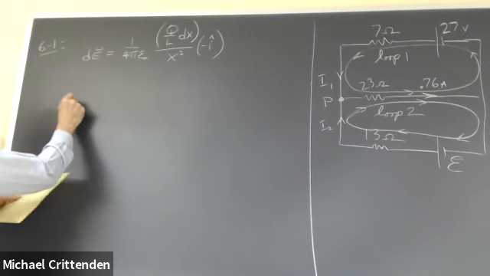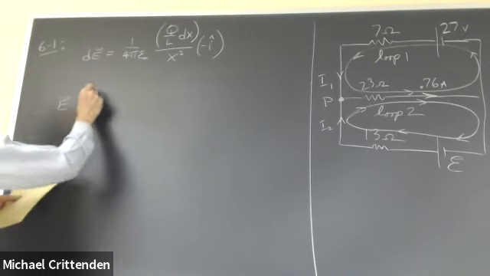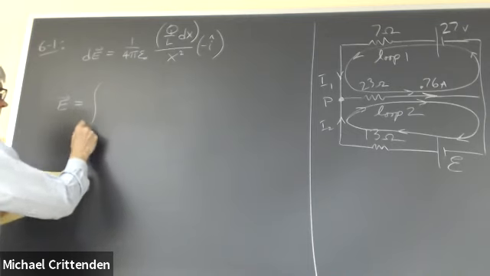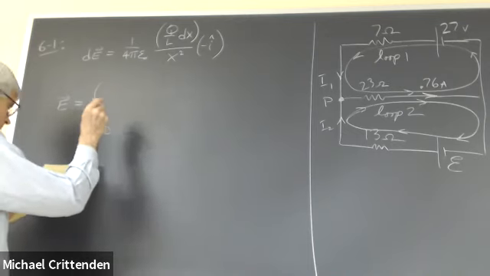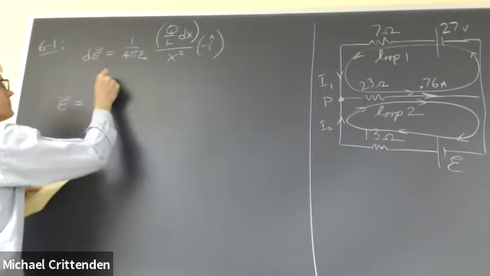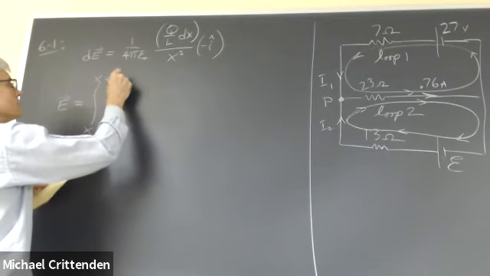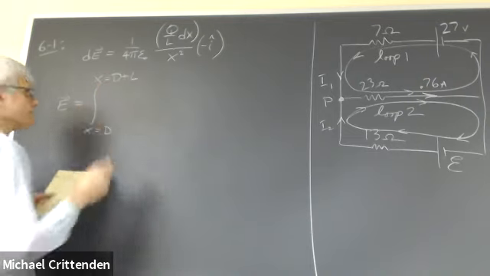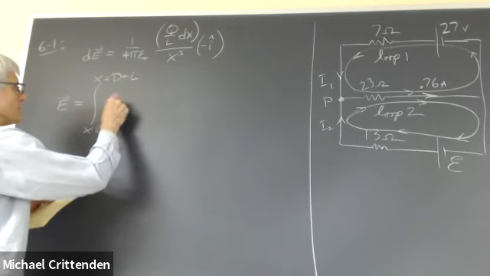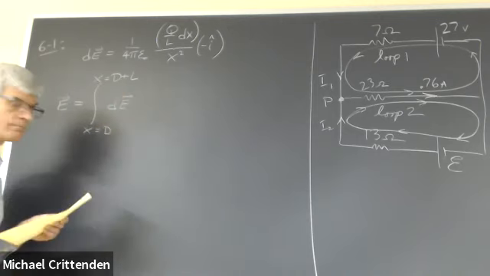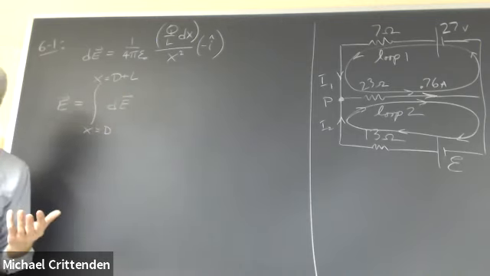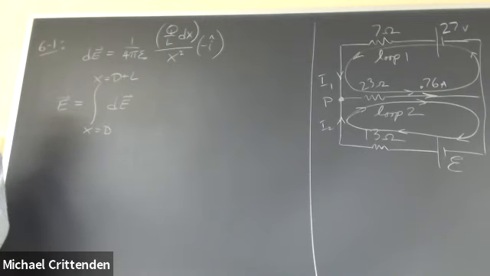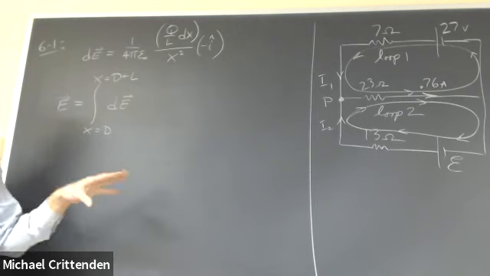The field of the entire rod equals the summation of the fields coming from its many, many pieces.